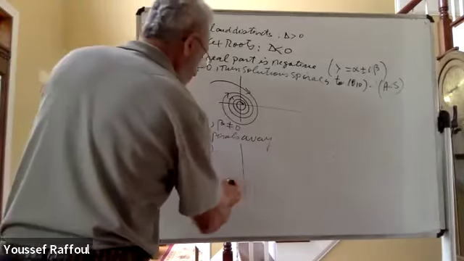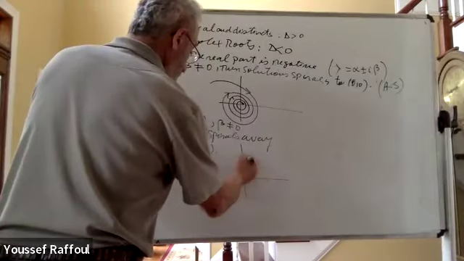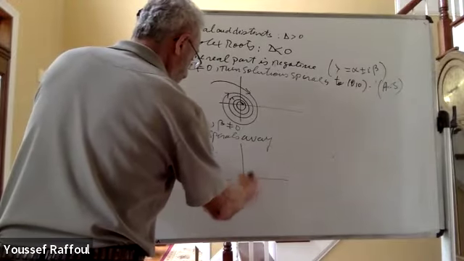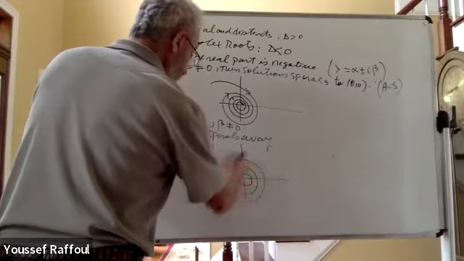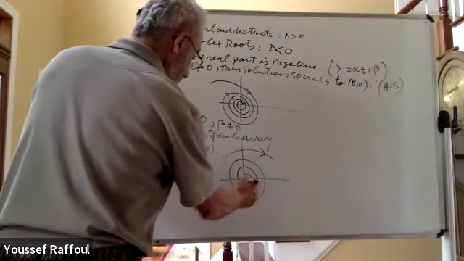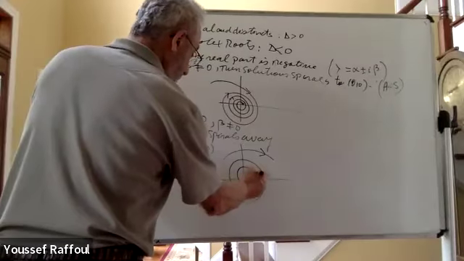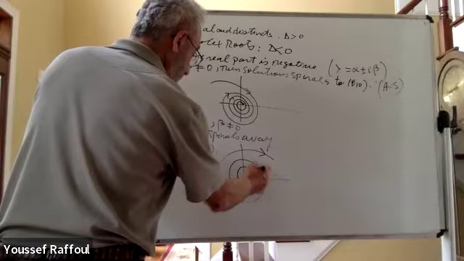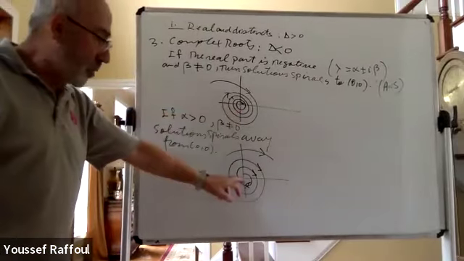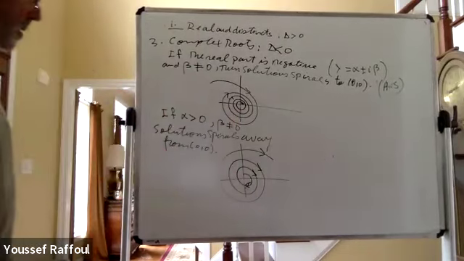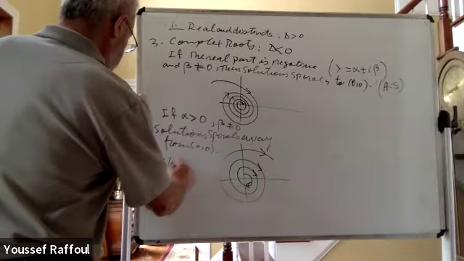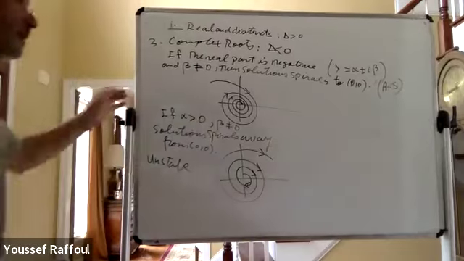In this case, you start near the origin and you start going away from it. So your arrows are like that. You're going away from the origin. So this is unstable.